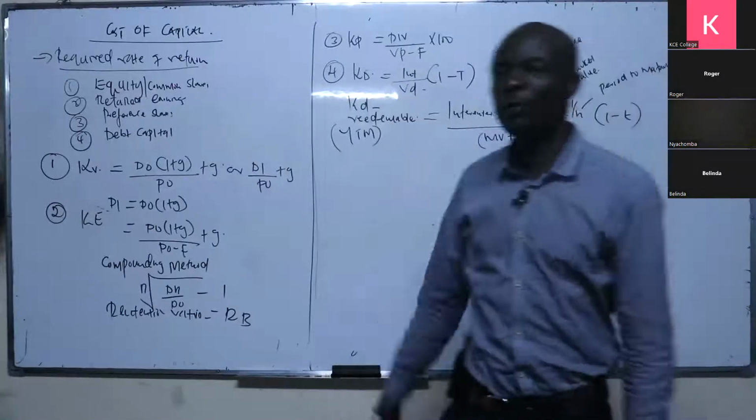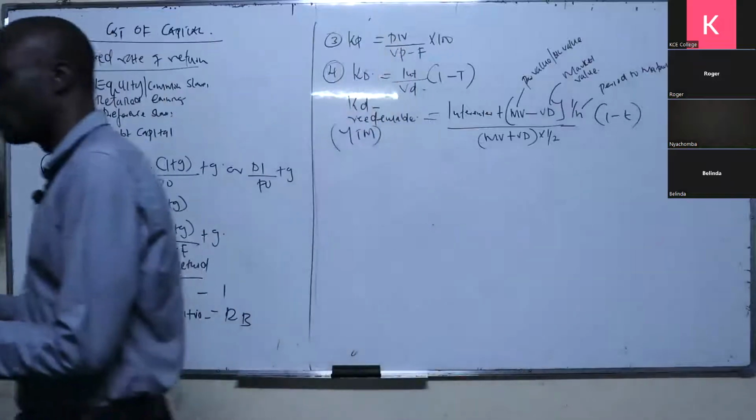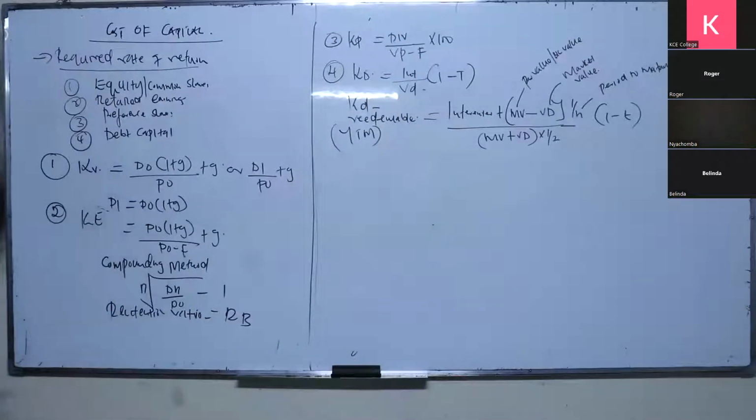So once you know those formulas, then you are halfway through this topic. You must master the formulas first. These are the component costs of capital. After that, you need to know how to compute the weighted average cost of capital and the weighted marginal cost of capital.